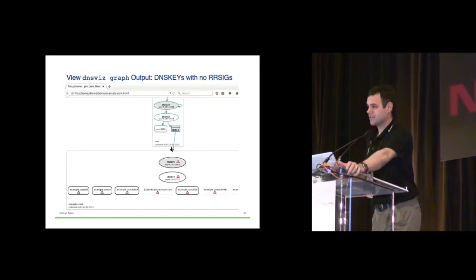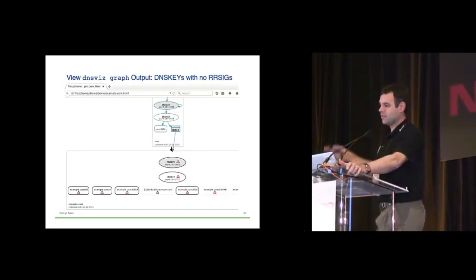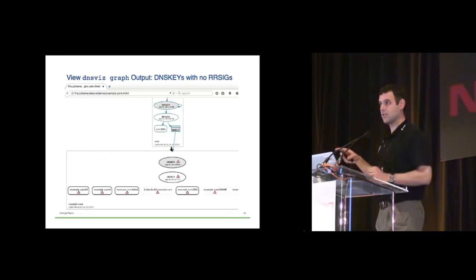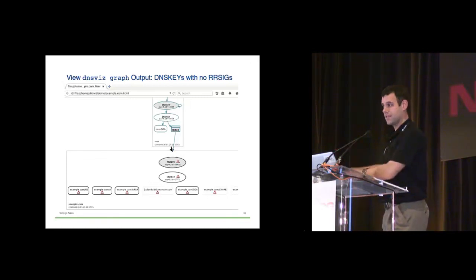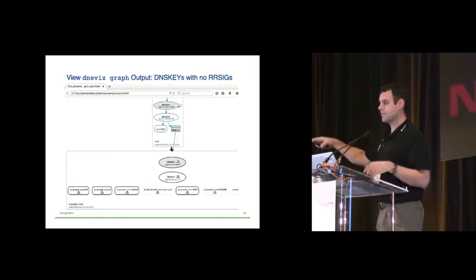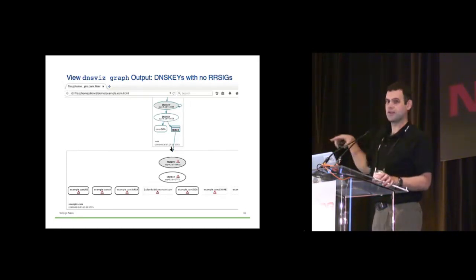But you notice the outline of the nodes there is black. Black means insecure. Remember that proof we talked about, proof of a lack of a DS record in the parent, to say we don't know anything about the authenticity of the child? That proof is that NSEC3 box that you see there on your screen.